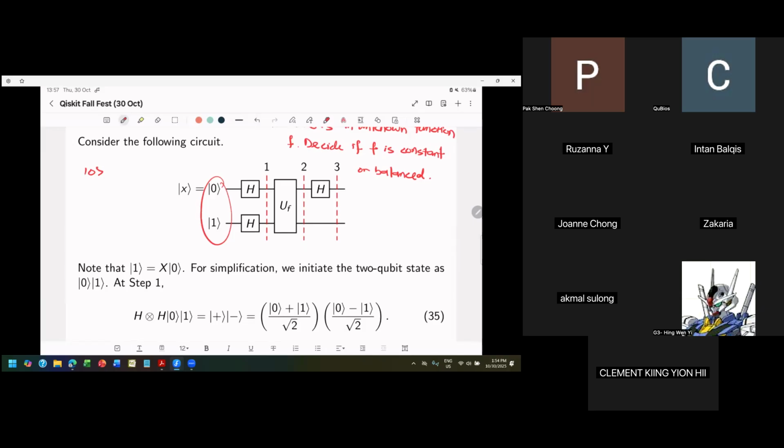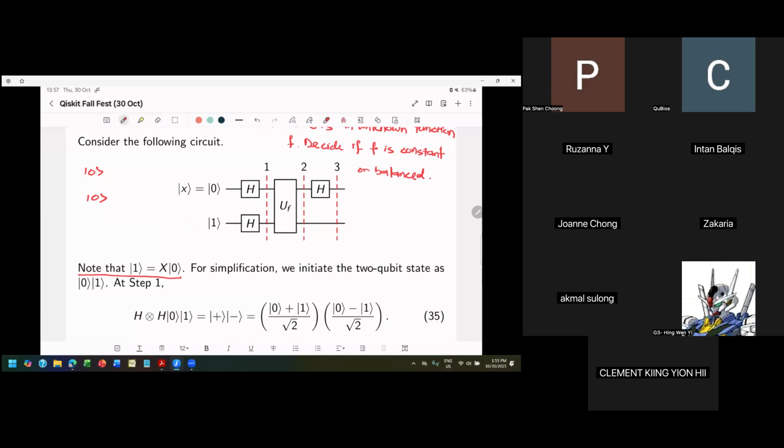So in this case, if you see something like this, on the second qubit, before you even begin the algorithm, you need to add a bit flip. If you are doing it in Qiskit, either you initialize this specifically to the one state, or, say you start from both zero, you just need to add the bit flip gate. So that's what I'm trying to say here: one equals X operating on zero.